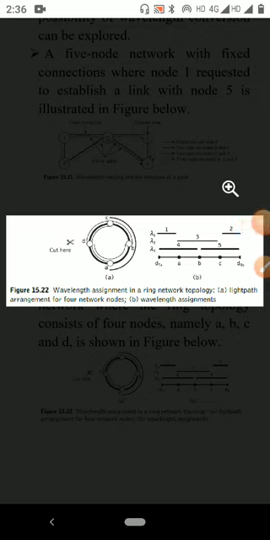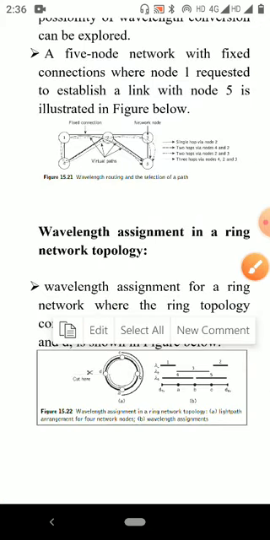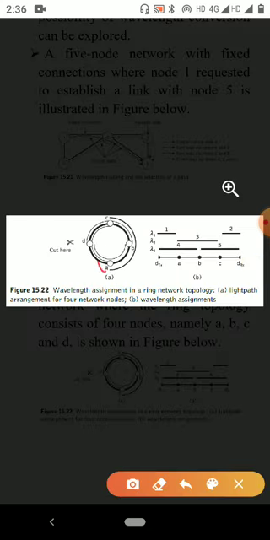Wavelength assignment in a ring network topology is illustrated in this figure. It consists of four nodes: node A, node B, node C and node D. It may be observed that there exist four possibilities for establishing light paths between the network nodes, as indicated by the two inner and two outer half circles.